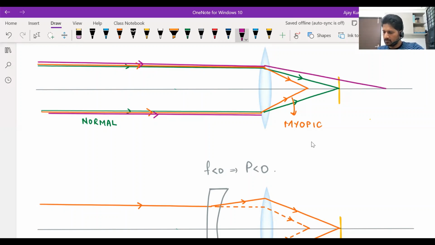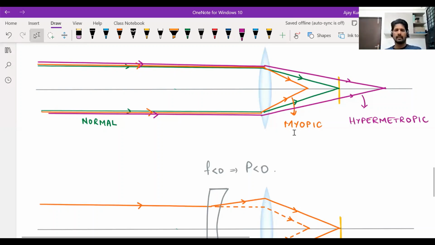Then what will happen? Image of faraway objects forms behind the retina. This is what happens in a hypermetropic eye, or this is what you call hypermetropia. Fine. Their eye lens does not have sufficient converging power, does not have sufficient converging ability.